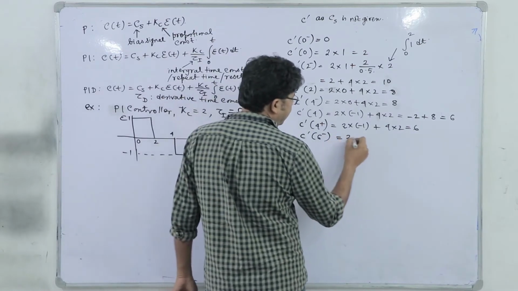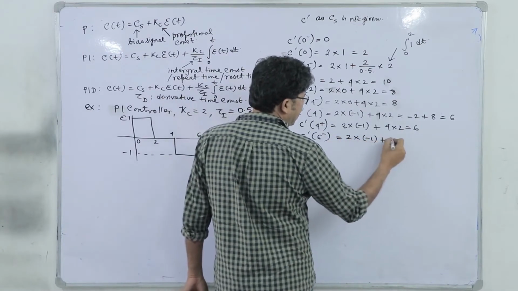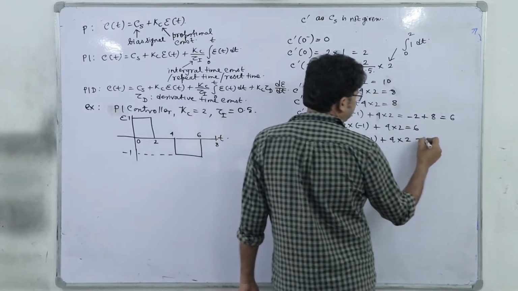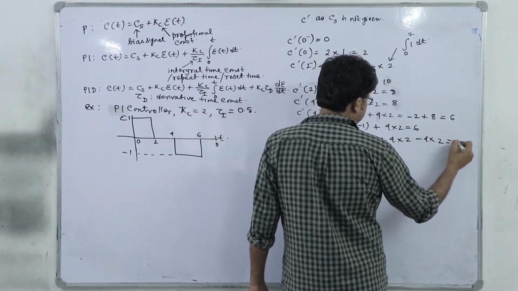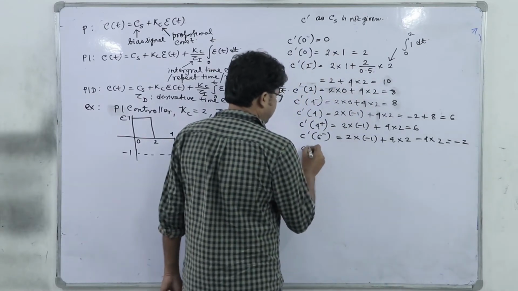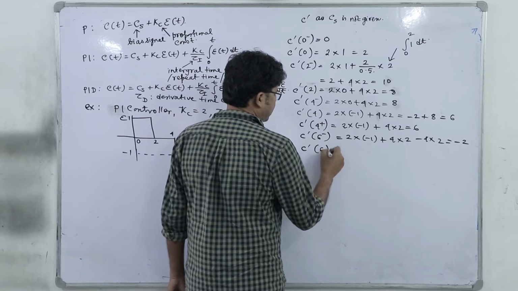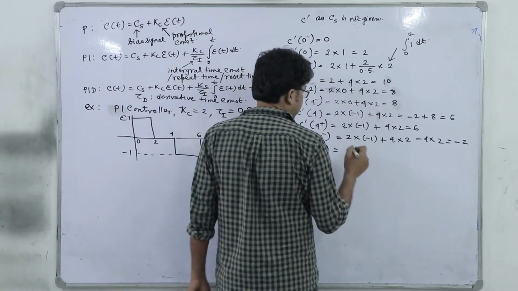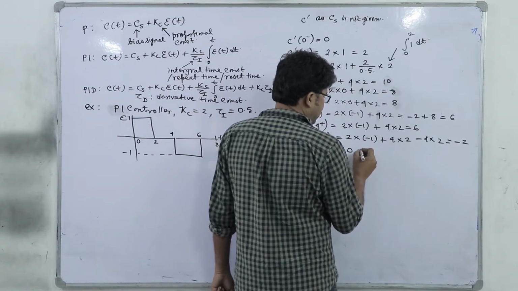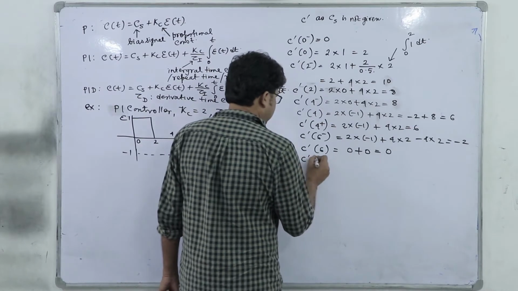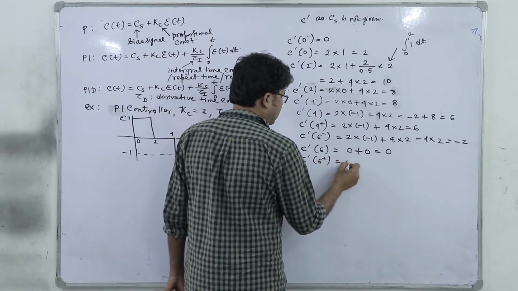So, 2 into minus 1 plus 4 into 2 minus 4 into 2 is minus 2. Now, C prime at 6: the instantaneous value is 0 and the overall integral is 0, so it is 0, and C prime at 6 plus is also 0.